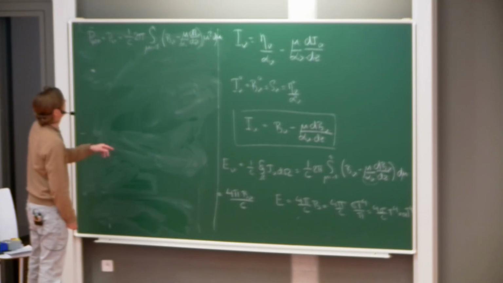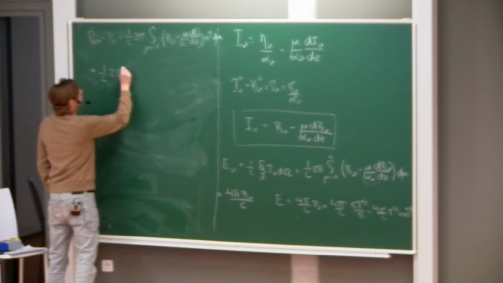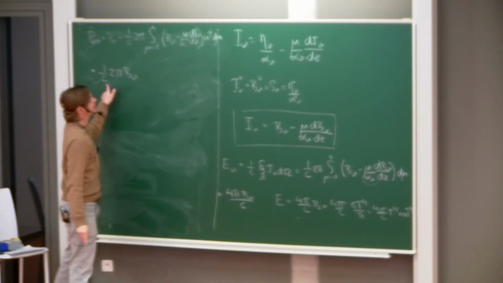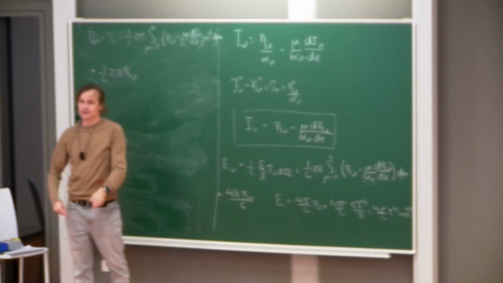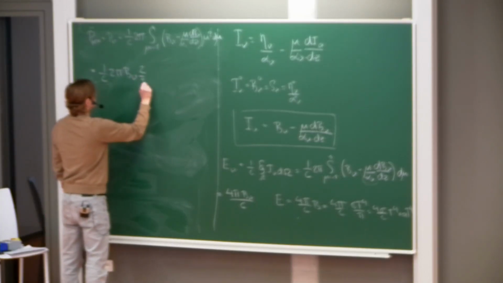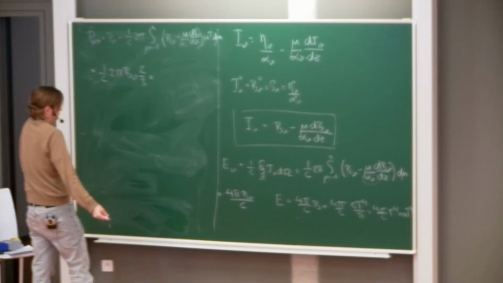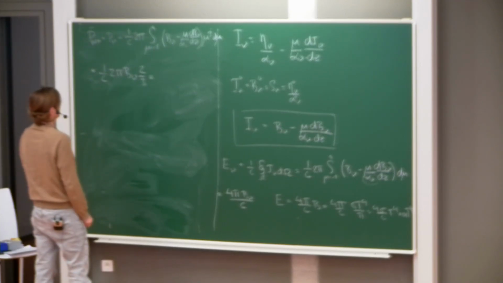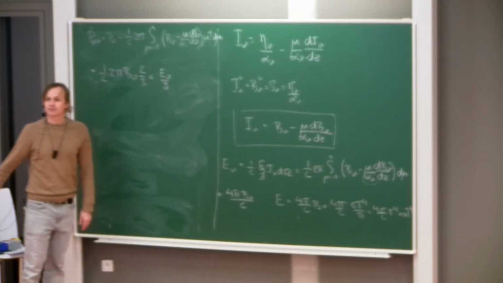Anywho, now we get 1 over c, 2 pi, B nu we take out, and then this integral is just mu squared from minus 1 to 1. That's mu cubed over 3, which gives 2/3. So that's 2/3. Well, we see what this is. This is just E nu divided by 3.